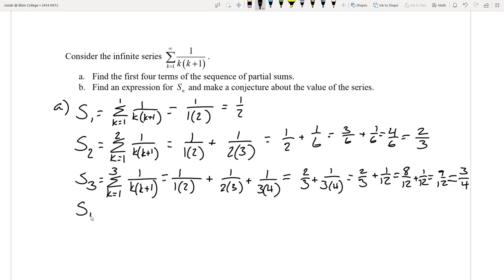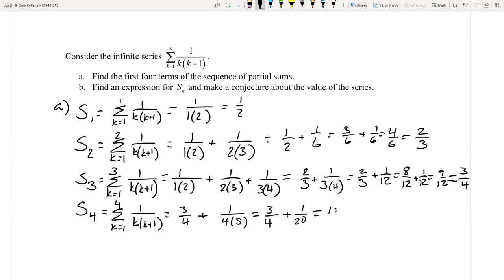Then the fourth partial sum, k equals 1 to 4 now. We'll just write 3/4 plus 1 over, we plug in 4 here, 4 times 5. So 3/4 plus 1/20.